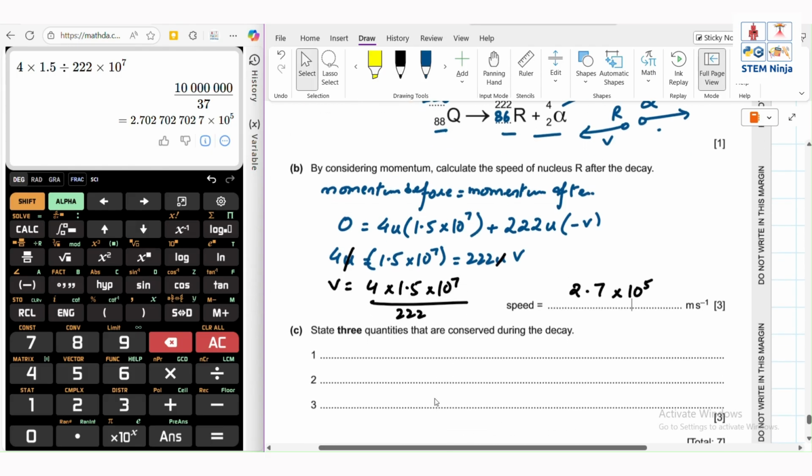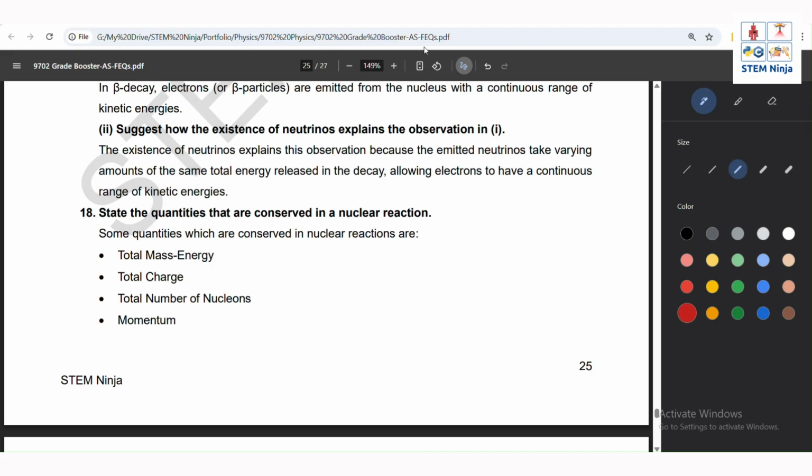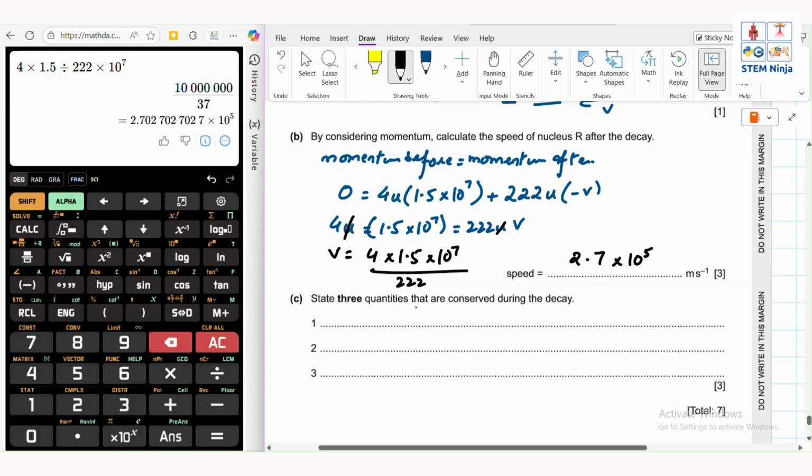State 3 quantities that are conserved during the decay. So again, it's the frequently examined questions: mass energy, total charge, number of nucleons, momentum, and these ones are the more important ones. So total mass energy, charge, nucleons. Momentum we have already discussed, so no need to talk about that.